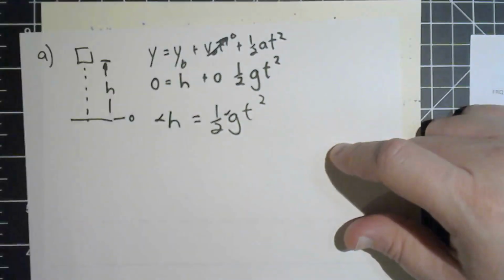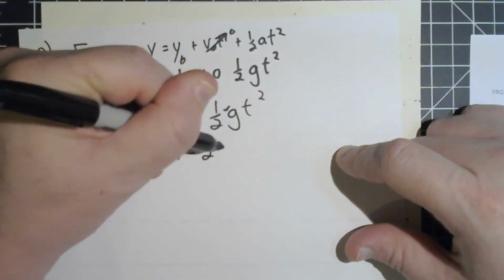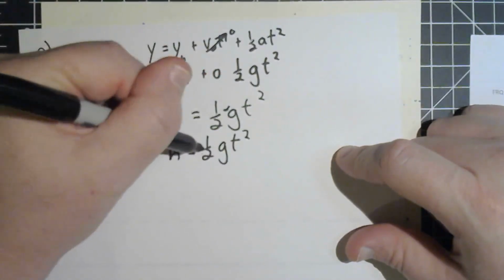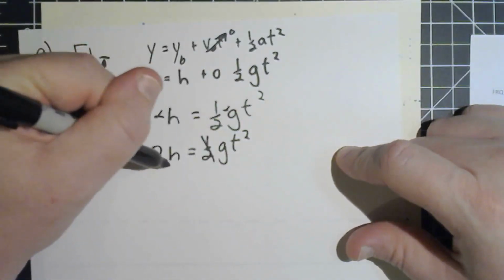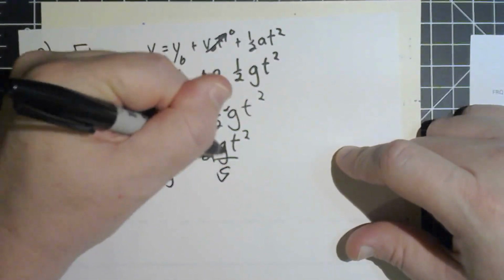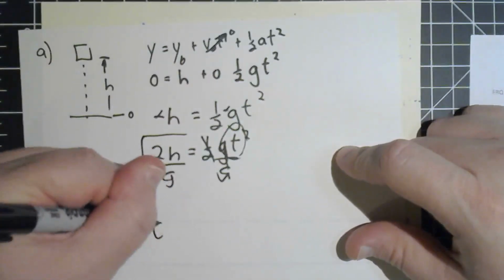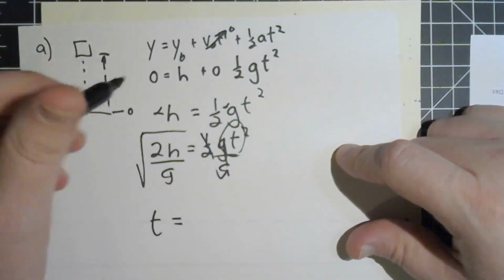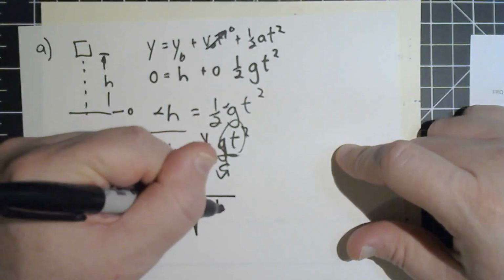So these negative signs can cancel out. And so we have h is equal to 1/2 g t squared. And all we need to do is solve this for time. So I'll multiply by 2, divide by g, and then take the square root to get time by itself. So for part A, your expression for the time is the square root of 2 times the height over g.